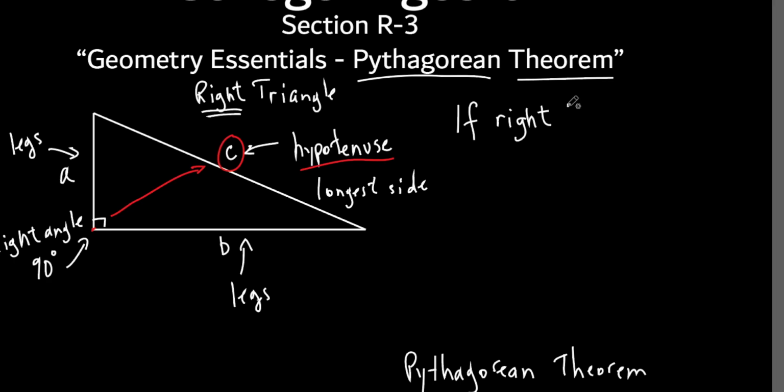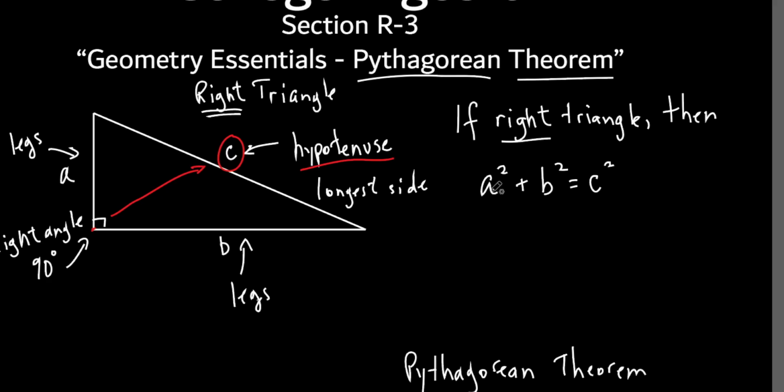If you have a right triangle, then, so you start off knowing what? You start off knowing that your triangle is what kind of a triangle? A right triangle. Okay. Then, if it's a right triangle, then what do you know about the sides?